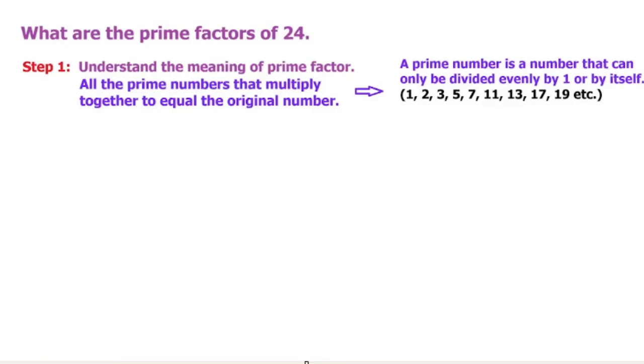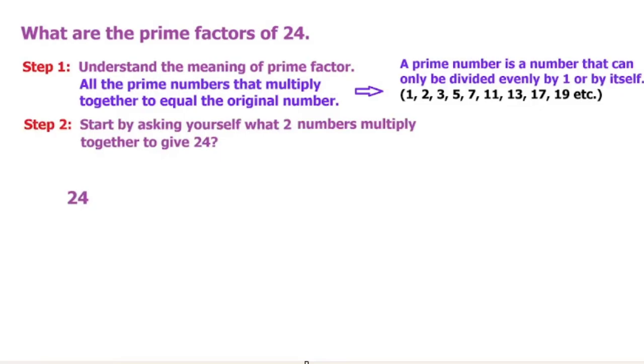So now let's look at this number 24. Start by asking yourself what two numbers multiply together to give 24. Okay, so you can multiply 6 times 4 to get 24.